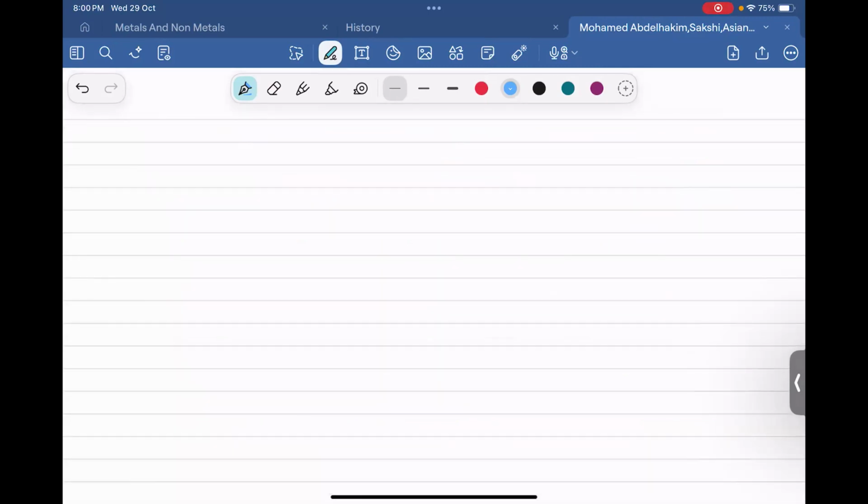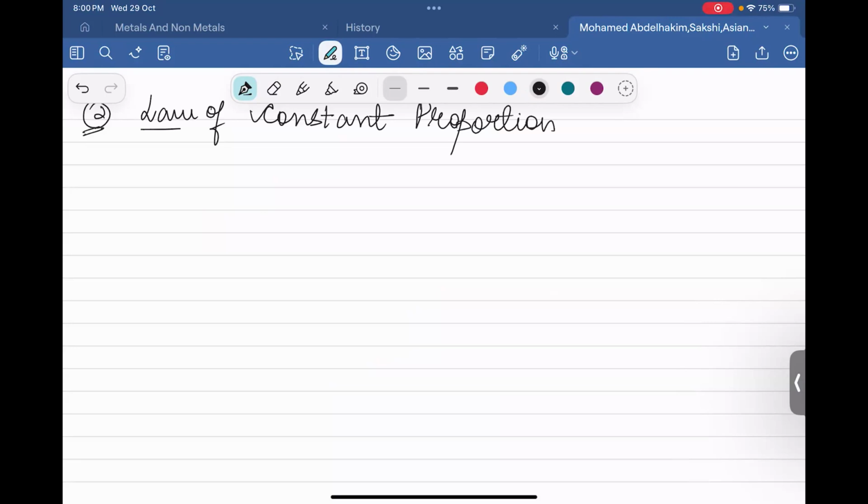Now the next law, which is also known as the law of constant proportion.